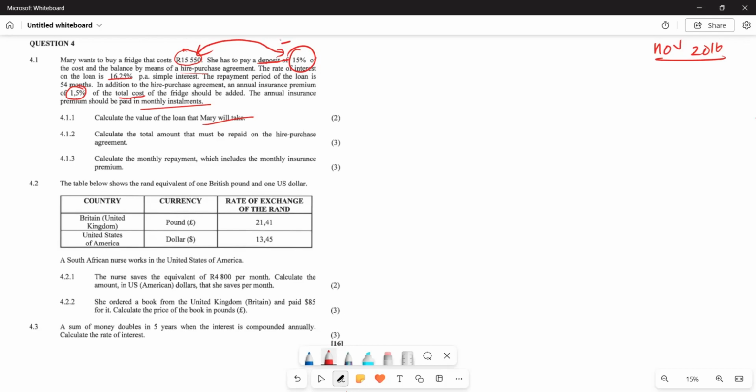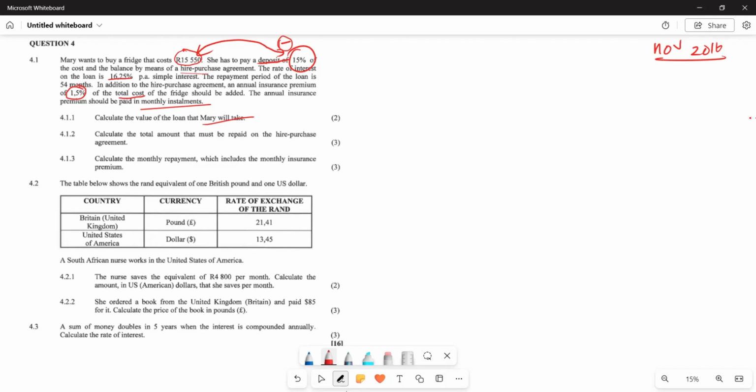And why are we subtracting it? Because this is the amount that Mary will pay upfront, so it is not going to be part of the value of the loan.